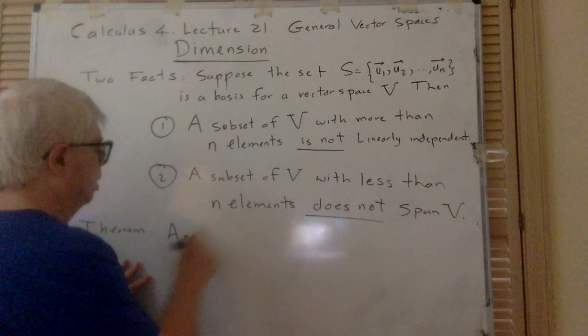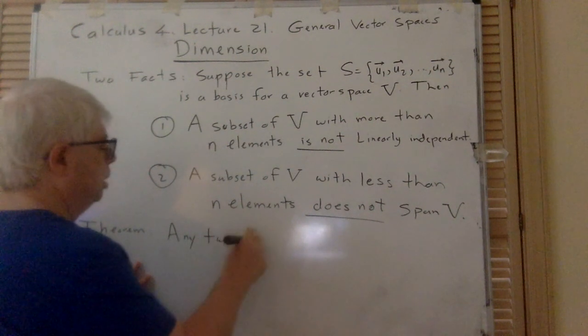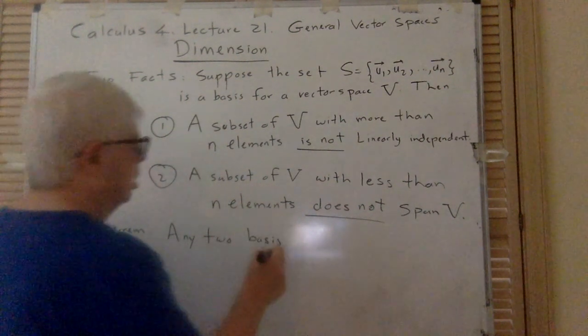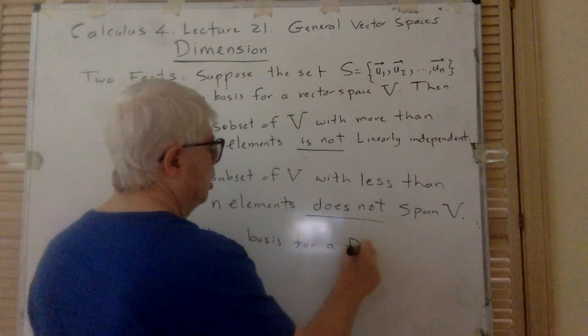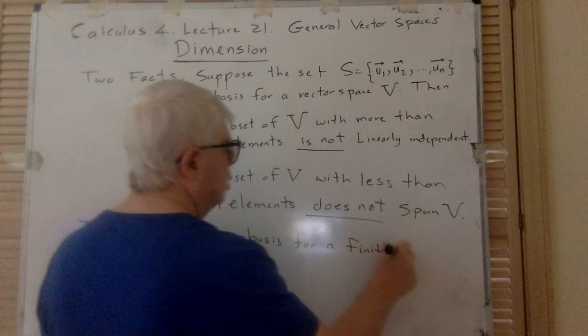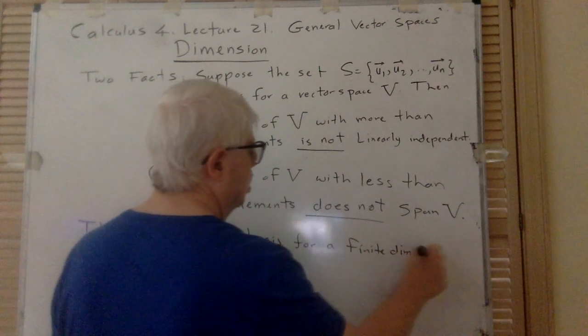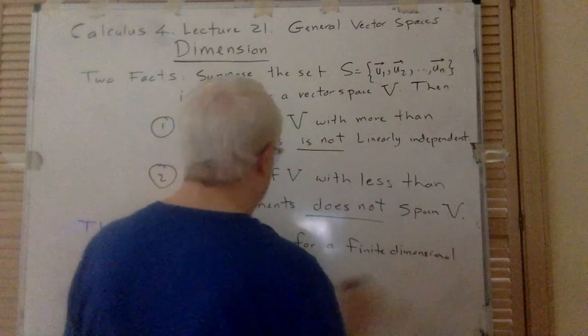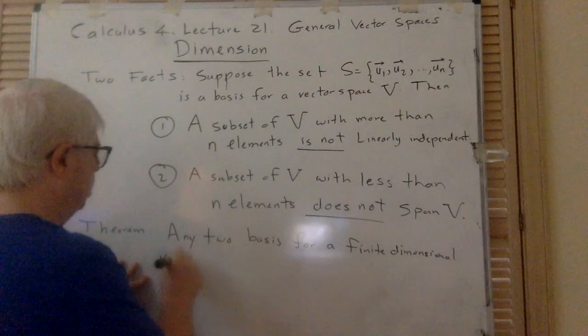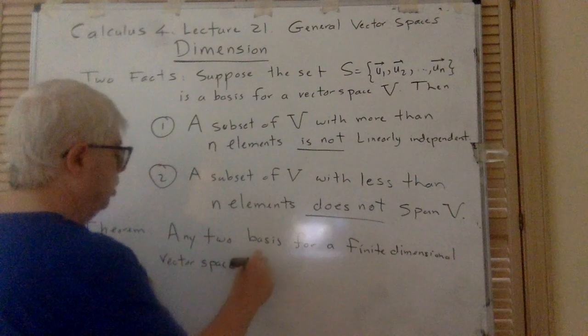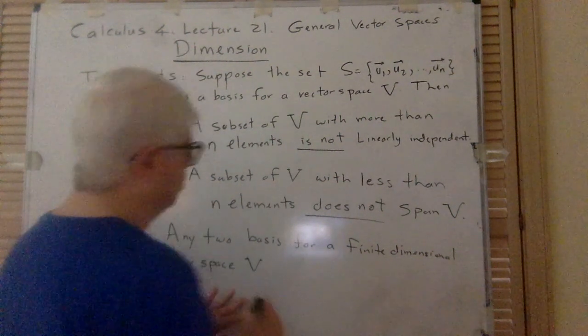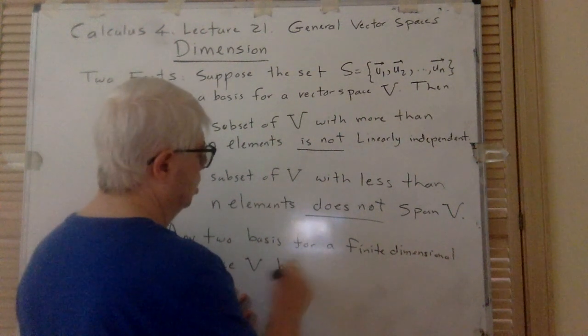Theorem: Any two bases for a finite dimensional vector space V have the same number of elements.